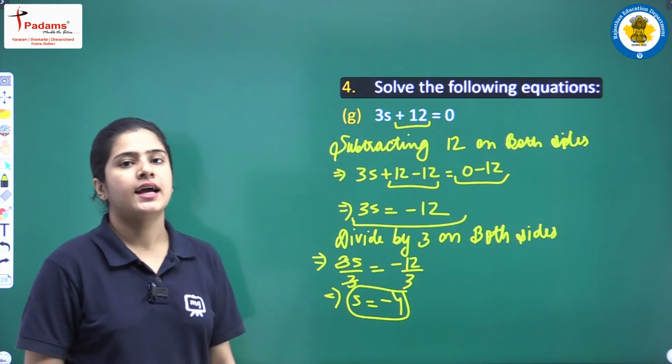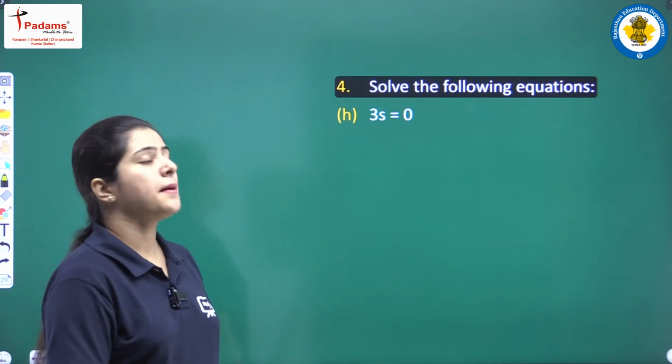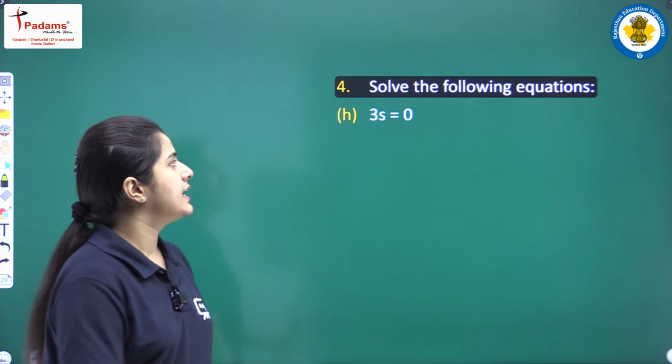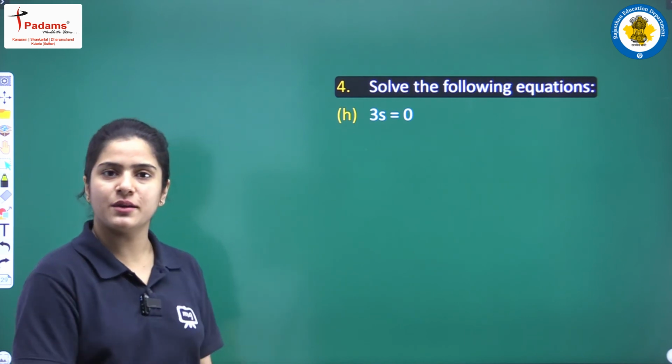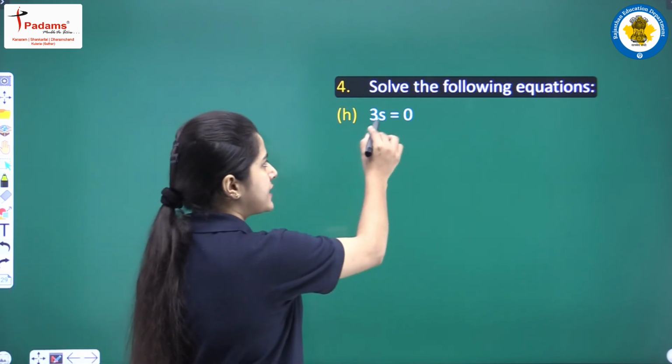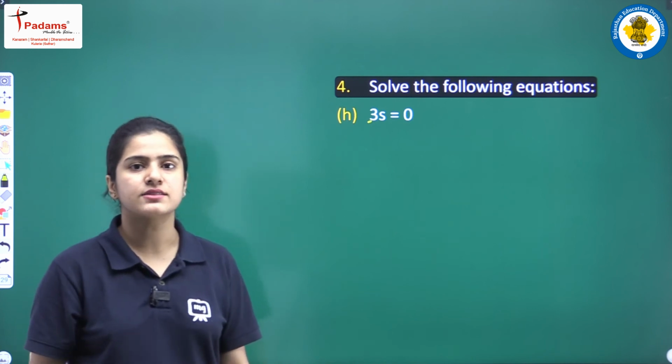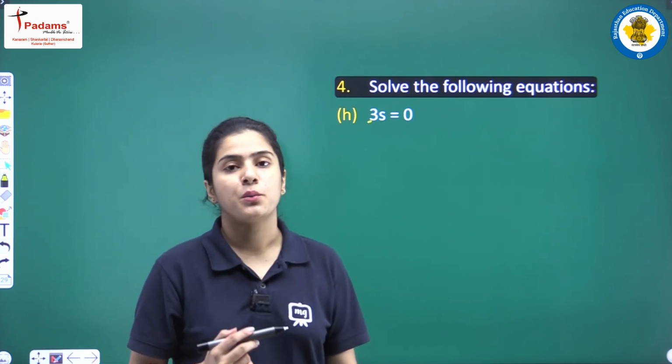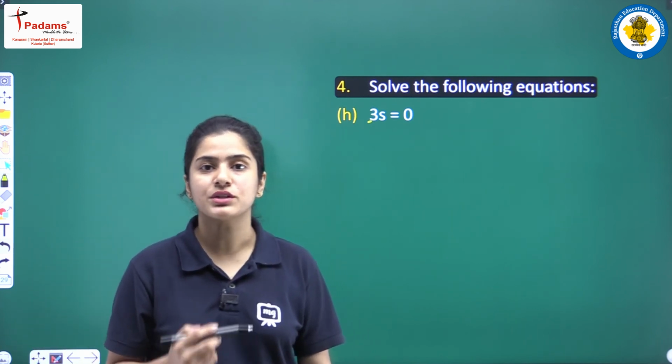Okay, students, looking at another question, part H. 3s = 0. We have to eliminate this 3, and to eliminate this 3, students, what do we need to do? We need to divide by 3 on both sides.